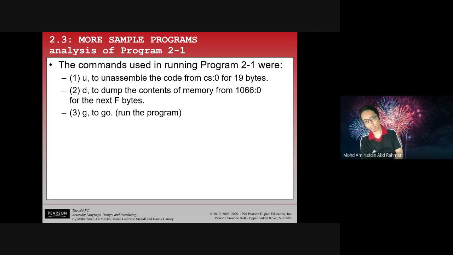So we can put the content over there, and then we go to G, so we run the program. So that's how we can link the assembly language in the MASM and also the debug programming. In the debug programming, we can actually modify the program. We can manipulate that by dumping a new code into that.